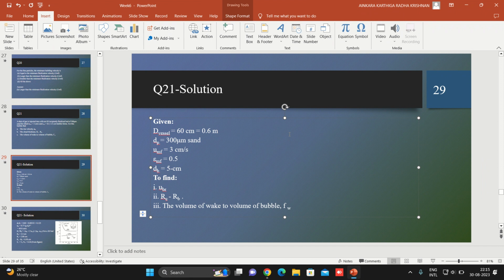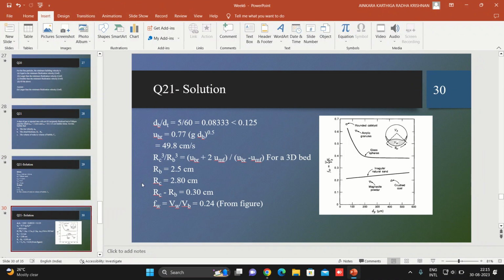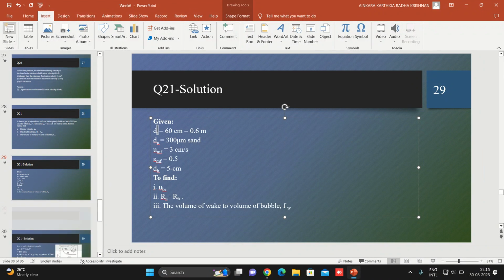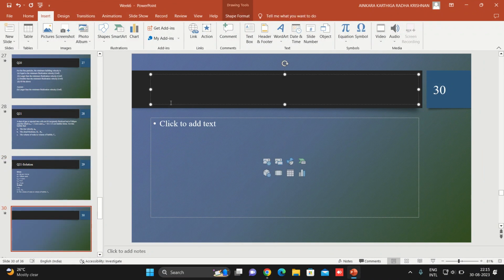Stepping into the problem, this is the formula page. The first thing is we need to find the diameter of the bubble to the diameter of the vessel. We'll keep it as dt rather than d vessel. So first we need to find dB by dt.